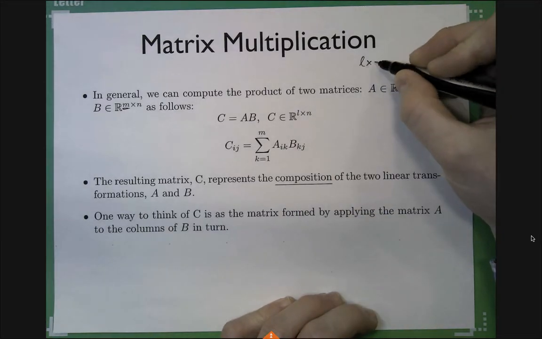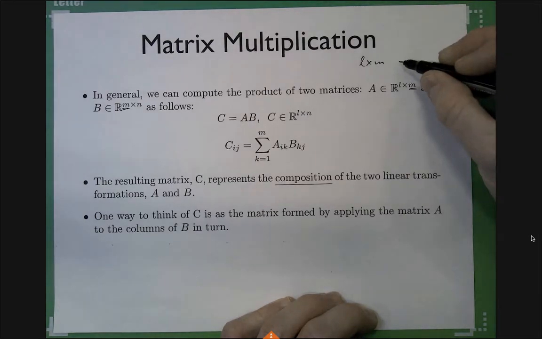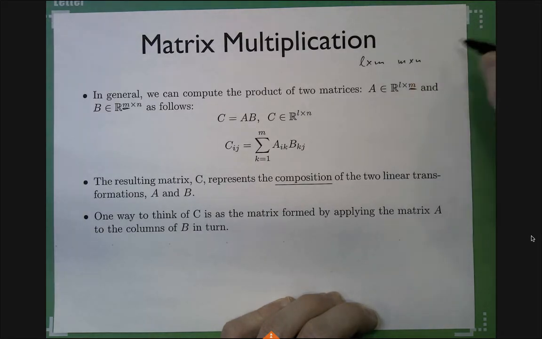So I am taking one matrix L times M, another matrix M times N, and what I get from it by matrix multiplication is a new L times N matrix.